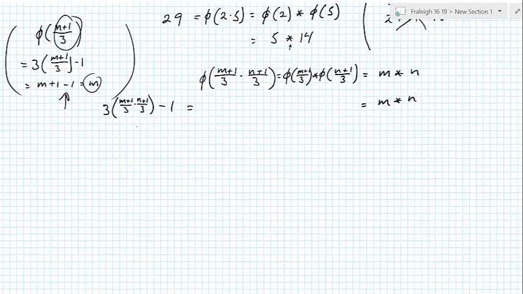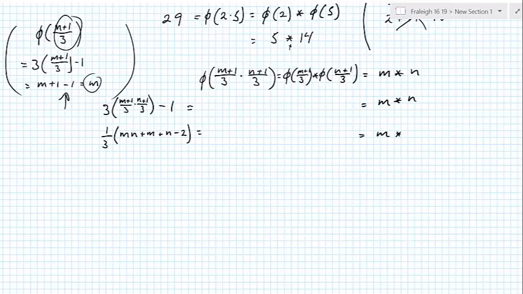So if I do this algebra out, and I'll let you do the algebra, but I'll just tell you what it is since I worked it out earlier. It's 1/3 (mn plus m plus n minus 2). That's m star n.